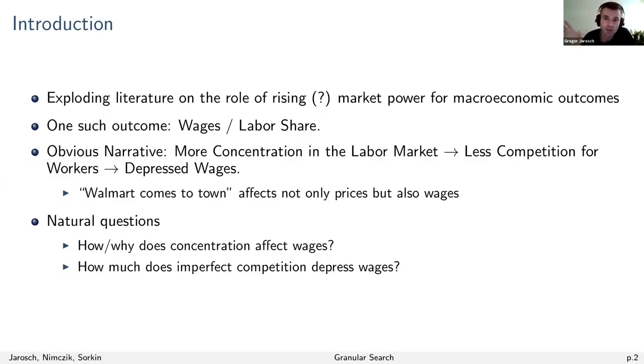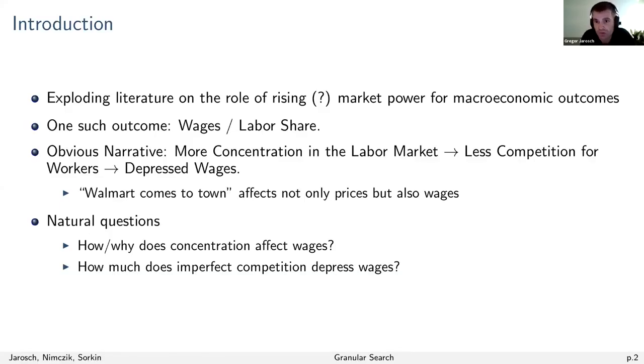Now, that literature for a long time was primarily concerned with product market outcomes, as is antitrust, historically, really just looking at consumer outcomes. But more recently, people have observed that if there's less and less competition among big firms, that might also have consequences for input prices.